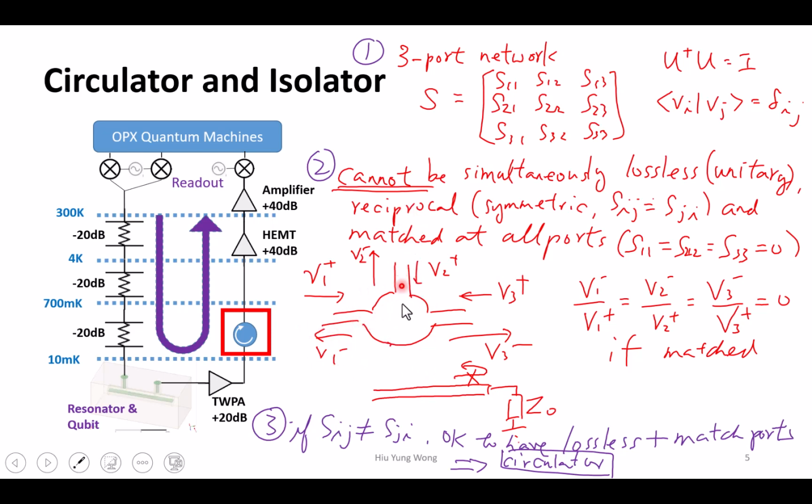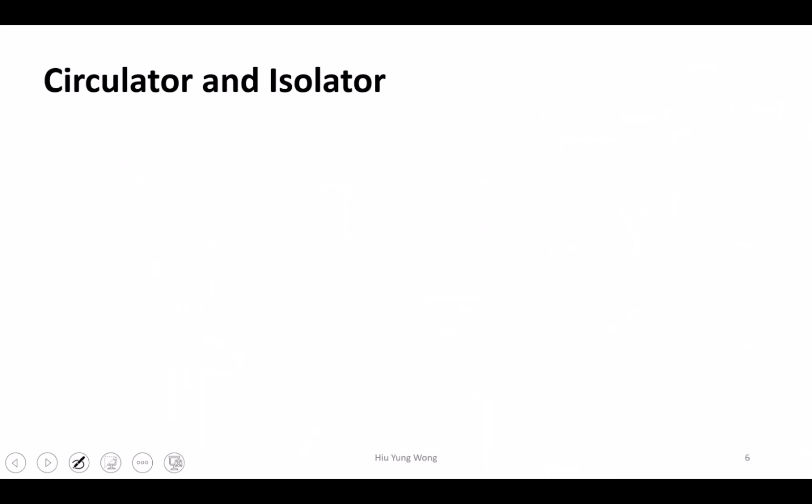If signal goes to port 2, all of it will go to port 3. But you cannot have signal go to port 3 and then go off to port 2. So that's not reciprocal. If you don't require the symmetry, then you can have lossless and matched ports at the same time.